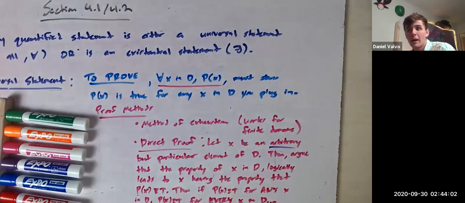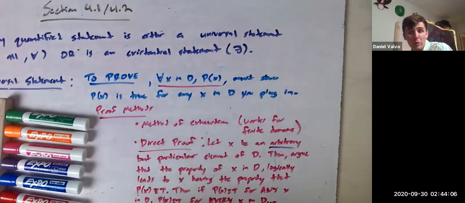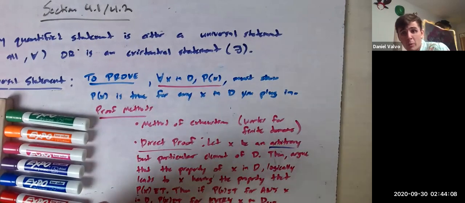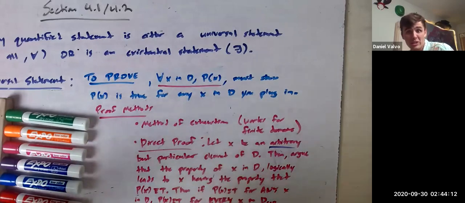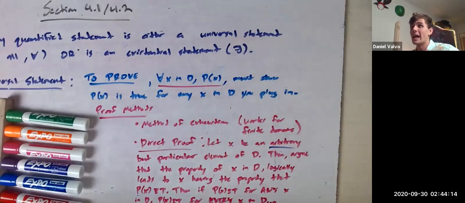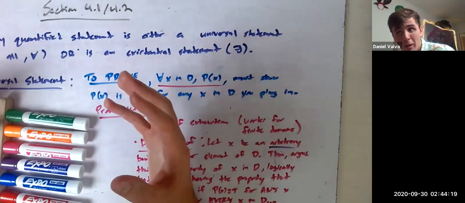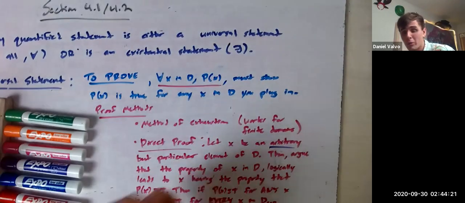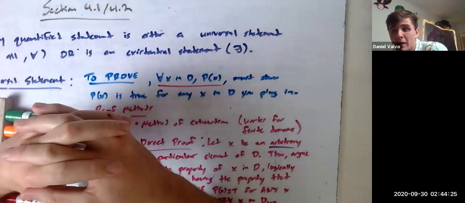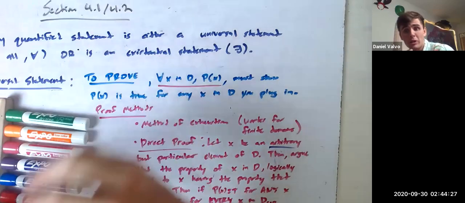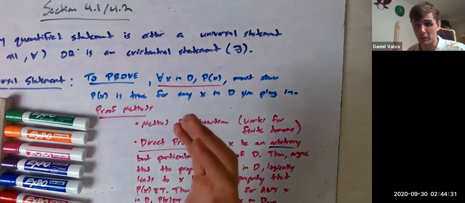So for example, in our odd number proof, where we proved that the square of any odd number is also odd, we started by saying let n be a particular but arbitrary odd number. We couldn't assume that n was a prime. We couldn't assume it was a multiple of 3, even though some odd numbers are prime and some odd numbers are multiples of 3.